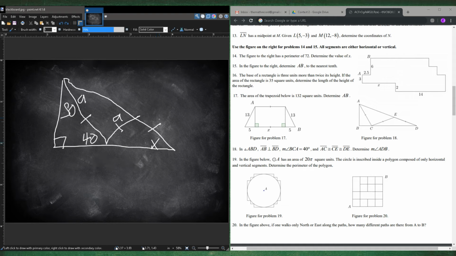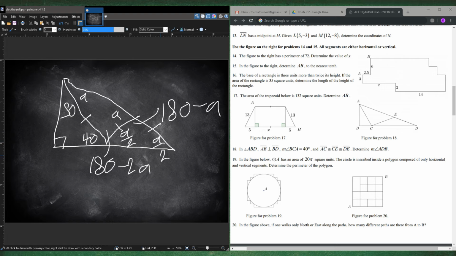So technically, I'm just going to get rid of the x. So let's say this is A, and this is 180 minus 2A. And this is 180 minus A. Then this is A over 2, and this is also A over 2.